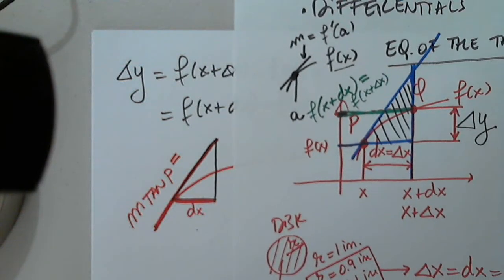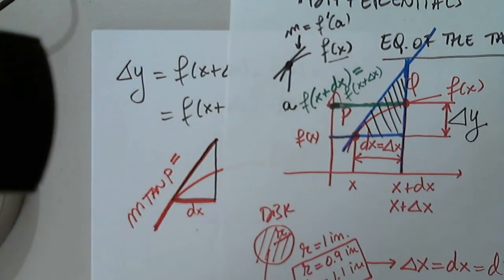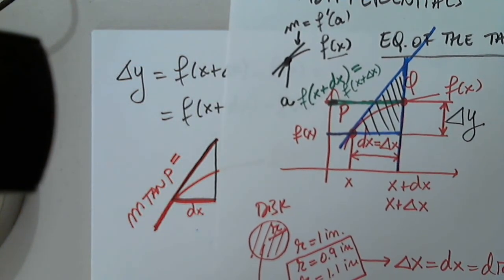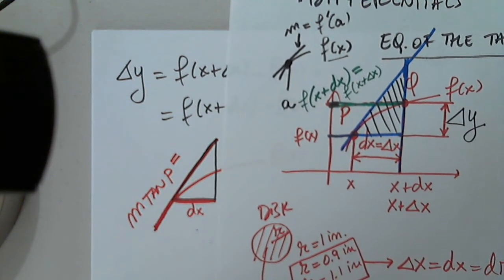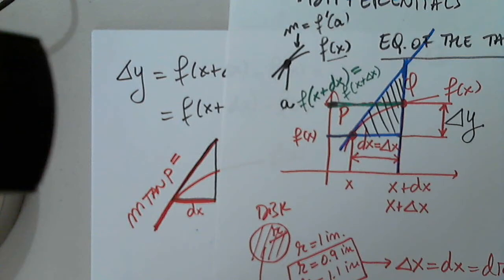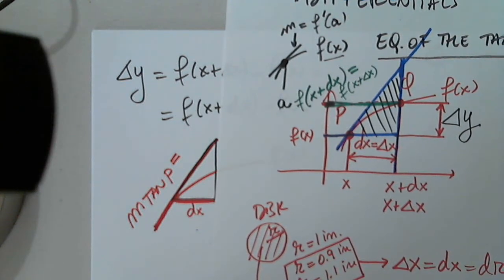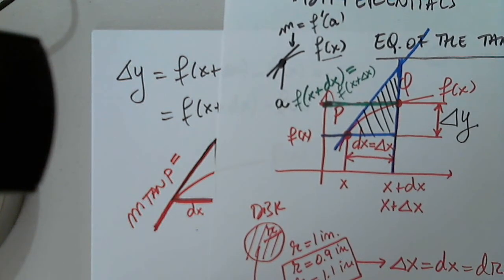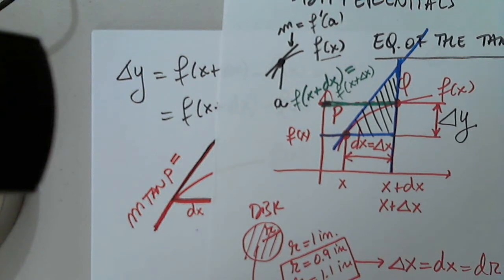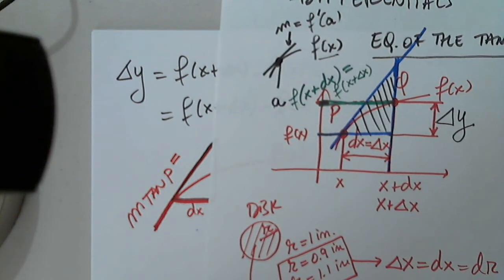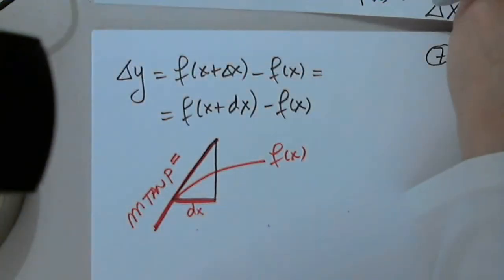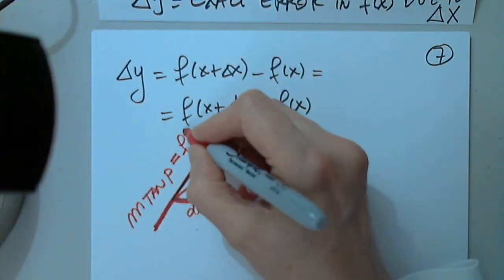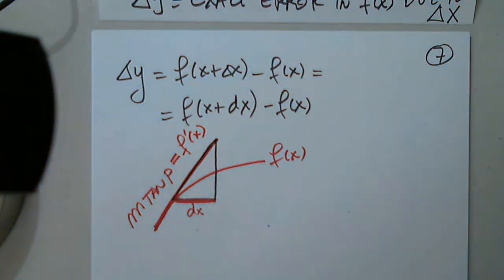From what we studied so far in this course, what is the slope of the tangent line at P equal to? F prime of x, thank you very much. Excellent. Who said that? I did.